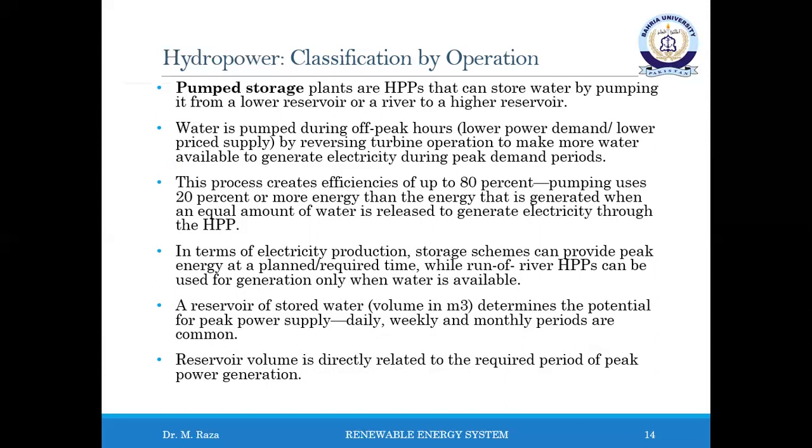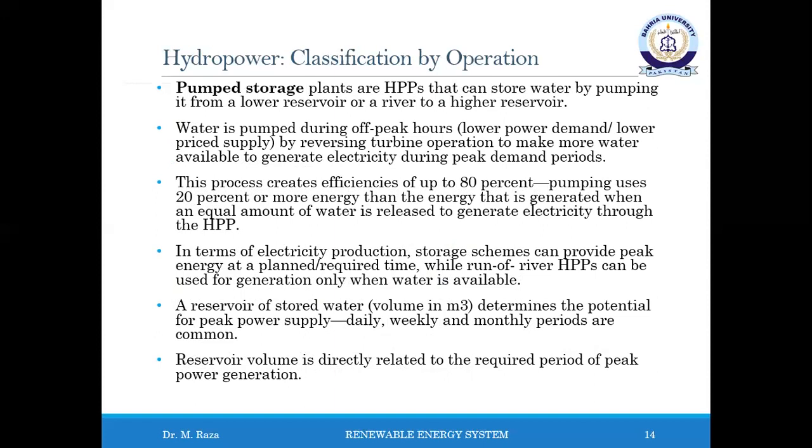The pump storage process has an efficiency of up to 80%, in which pumping uses 20% or more energy than the energy that is generated when an equal amount of water is released to generate electricity through the hydropower plant.